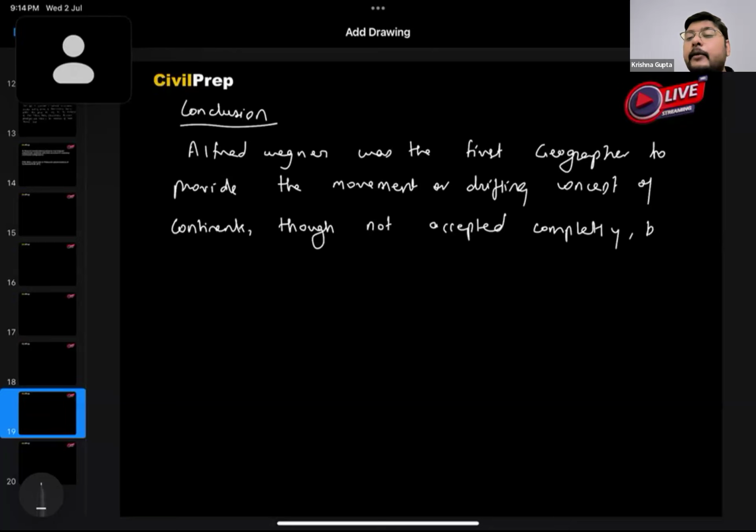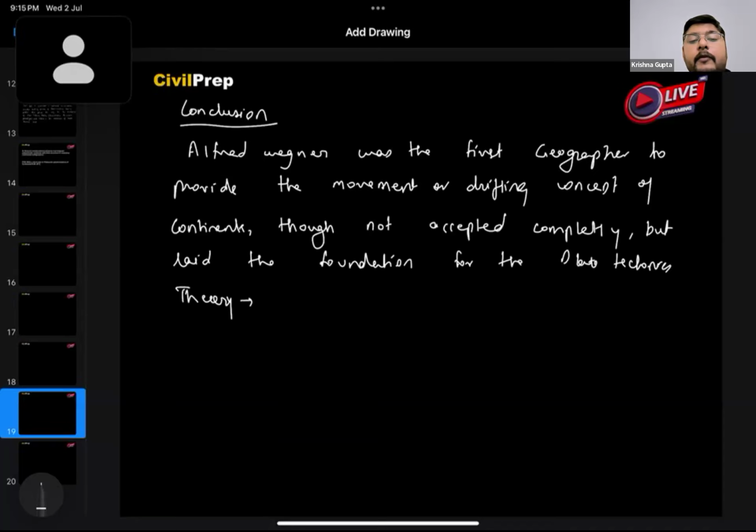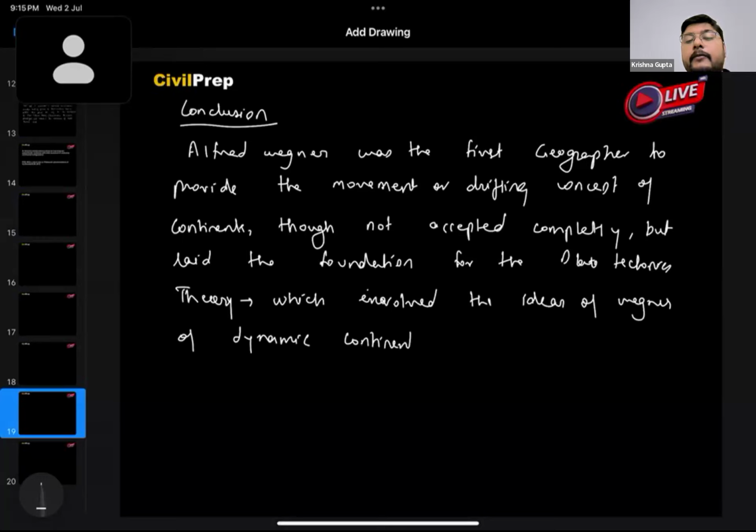Though not accepted completely, it laid the foundation for the plate tectonics theory, which involved the ideas of Wegener of dynamic continental configuration.